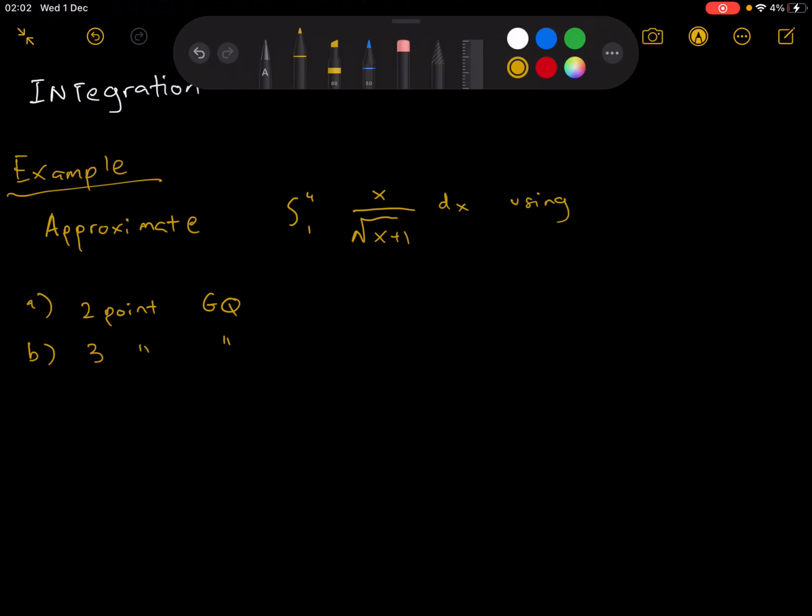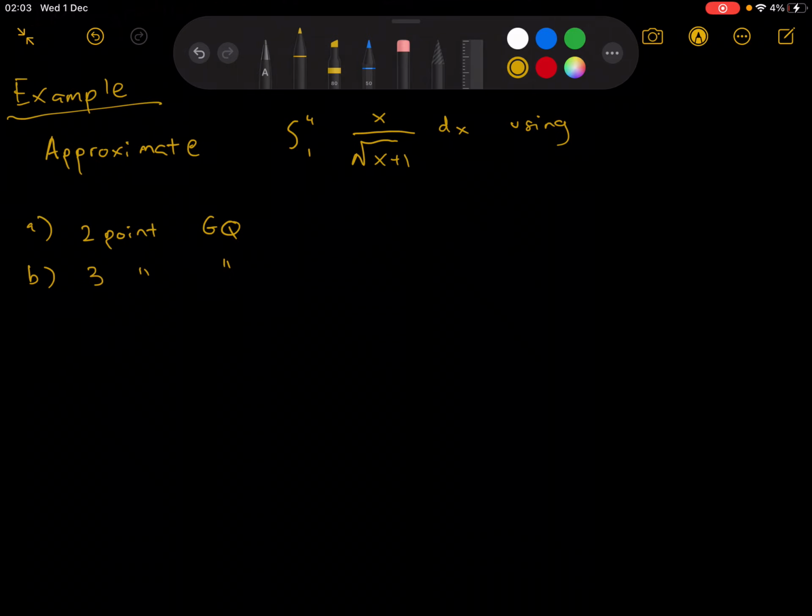So, as we know, for 2 point, straight away we know that we need to find Zeta 1 and Zeta 2 because it has 2 points. From this Zeta 1 and Zeta 2, we can get the phi Zeta 1 and also phi Zeta 2.